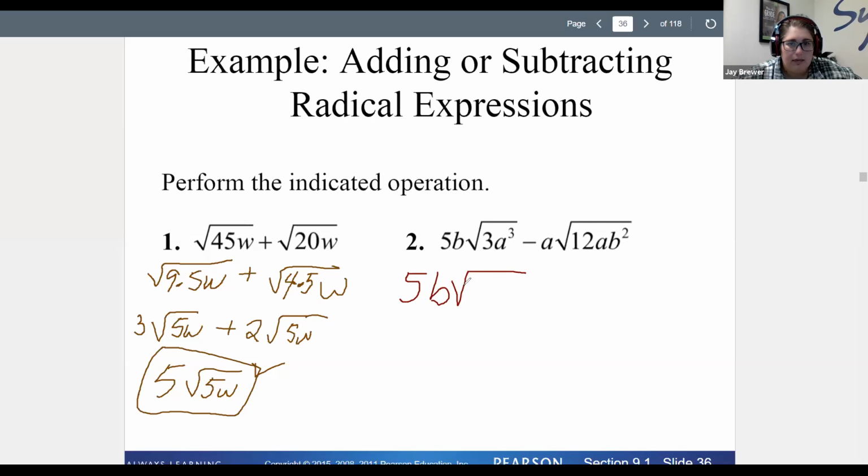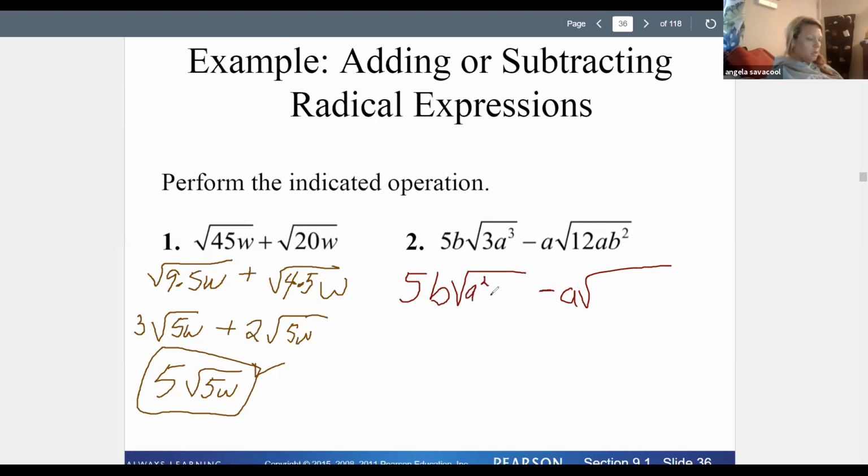How can we split it up if it's a square root? You can pull a squared out. Very good. So we're going to split it up into a squared times 3a. So then that means on the right-hand side, the next radical, we should have a factor of 3a.